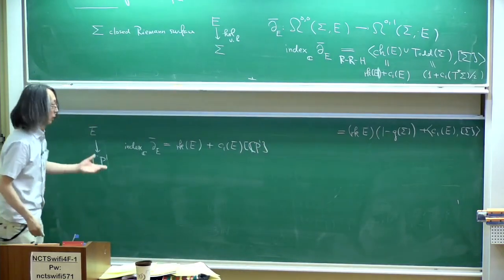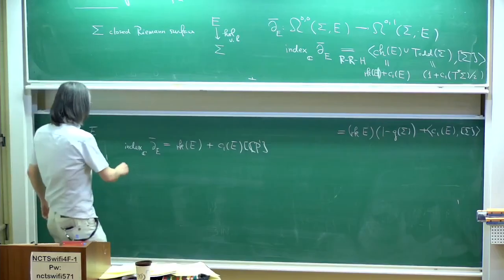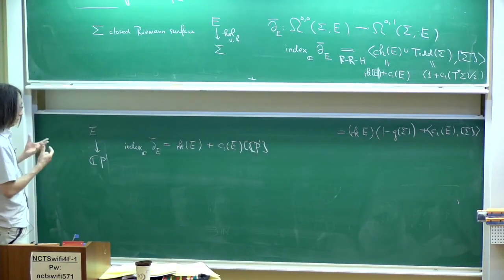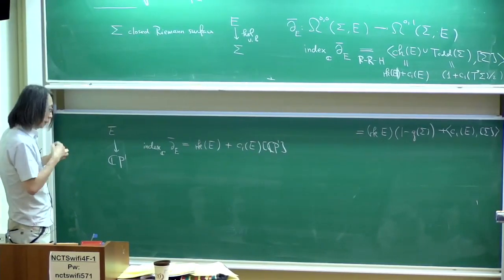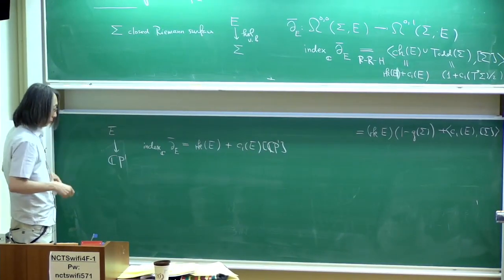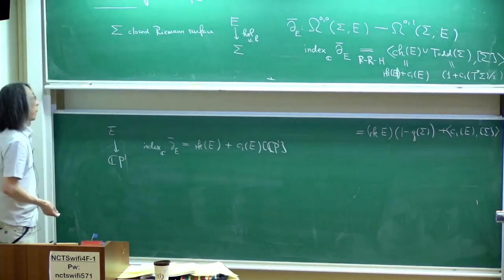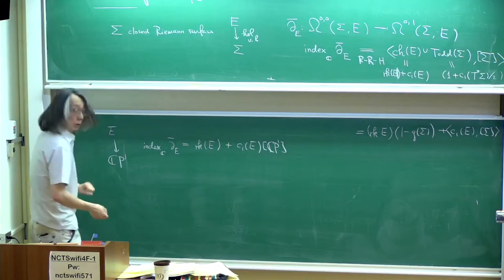Like this, right? And okay, this formula I somehow used in the morning talk, because I gave the dimension of the moduli space of holomorphic rational curves, and it somehow comes from this. So this one is okay.